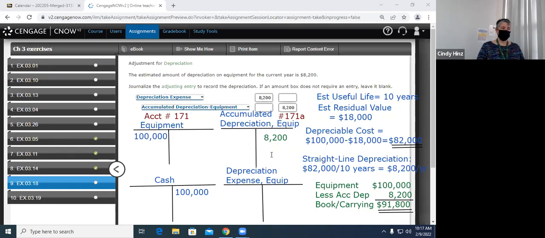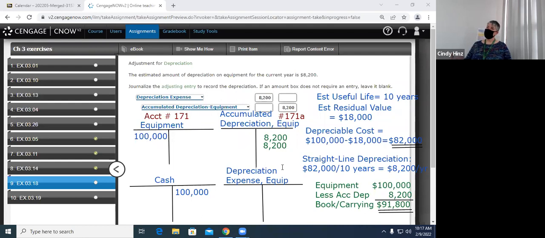And so the $8,200 that we put in there the first year that we used it would stay in there. And then year 2, we would report another $8,200. And so now it has $16,400, and the book value of the asset would be down to $83,600.